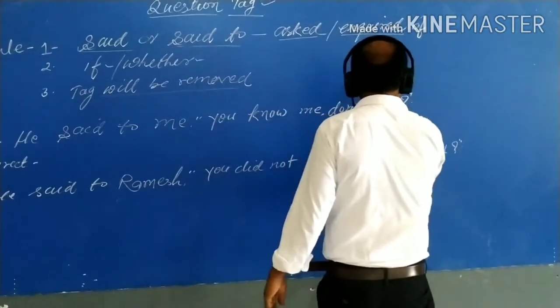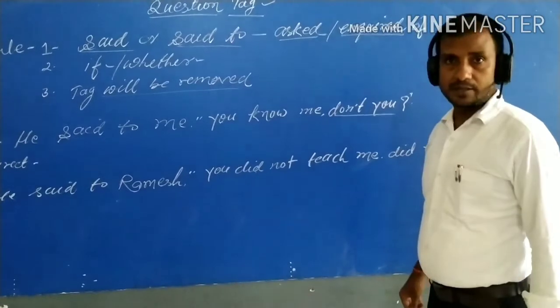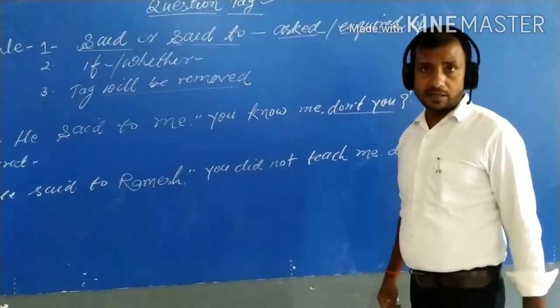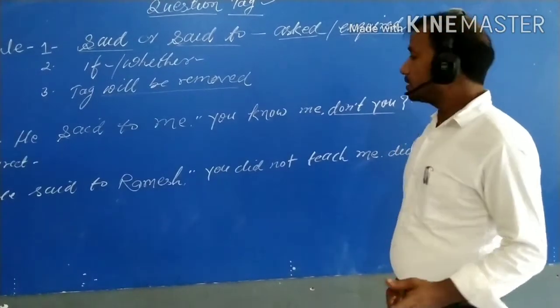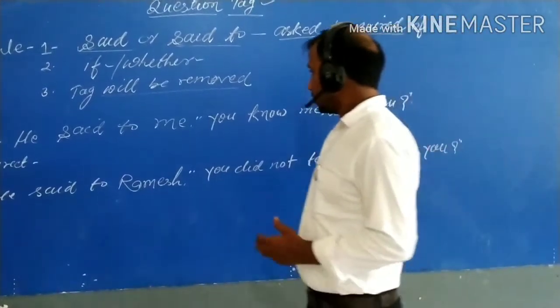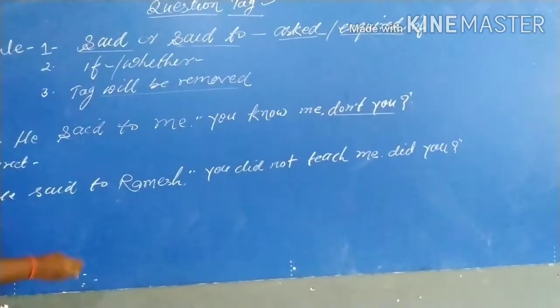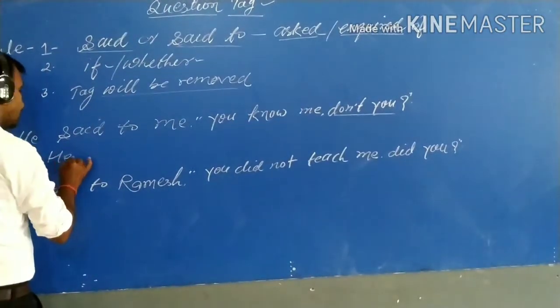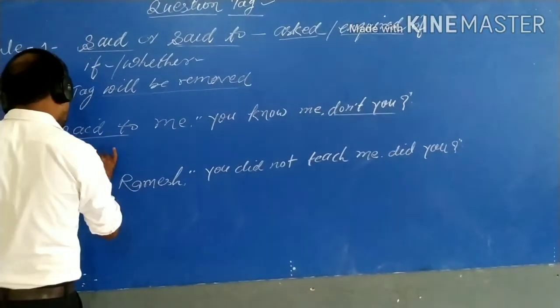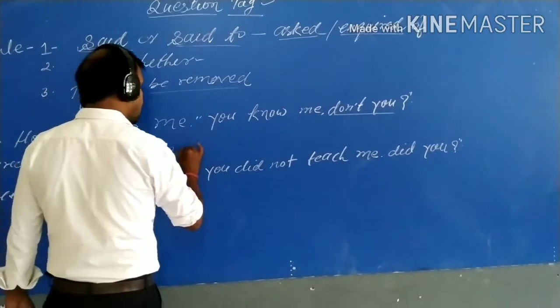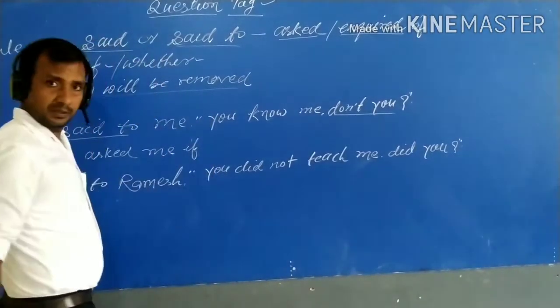This sentence shows that it is a tag. It is a tag because you know how we make tags, as you also studied in previous classes. If you want to interchange, then "said" will change into ask, and for "me" we have to write if.